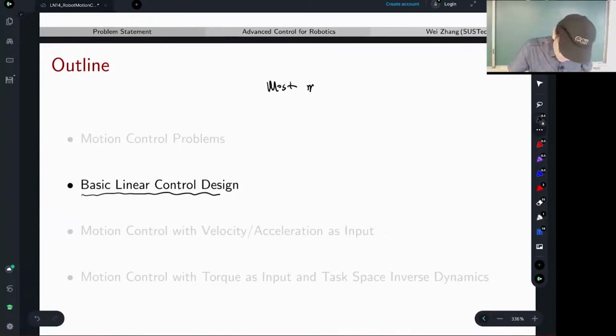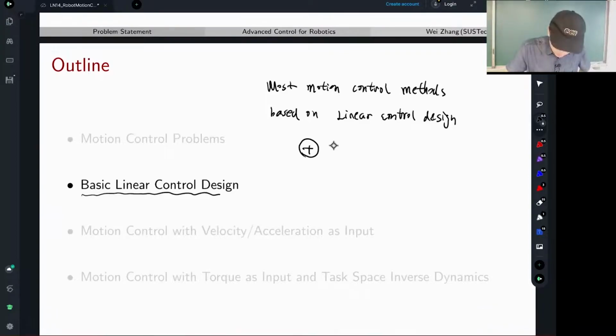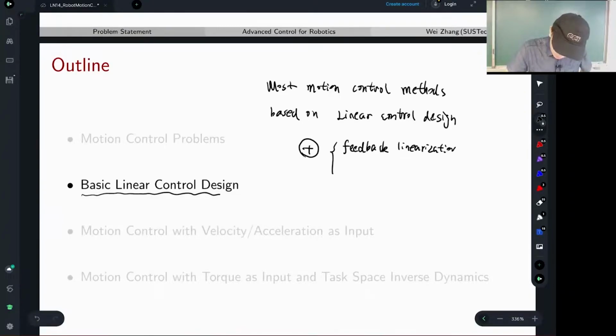I would think most motion control methods are based on a linear control design method plus what I would think of as feedback linearization, but I'm not going to discuss that in a very rigorous way.